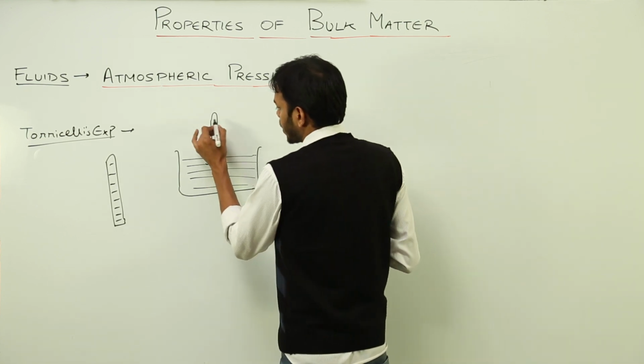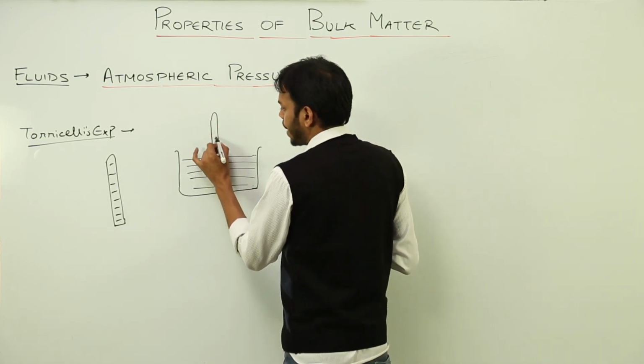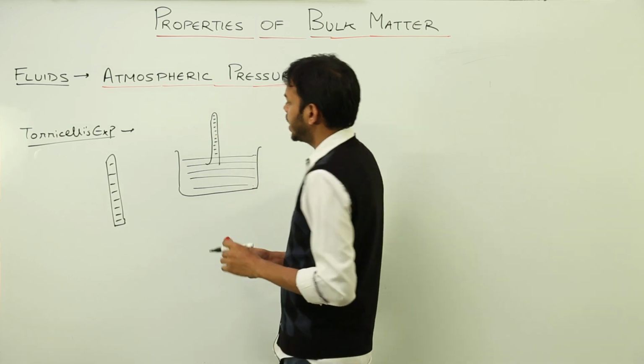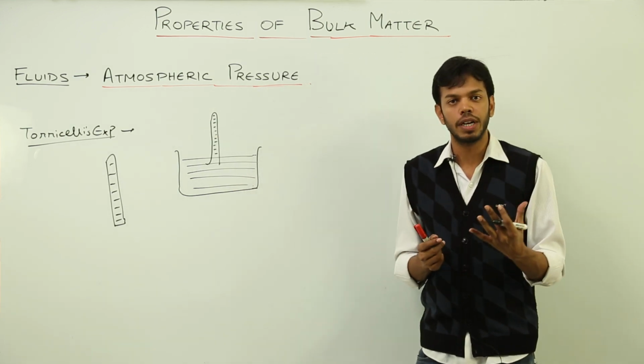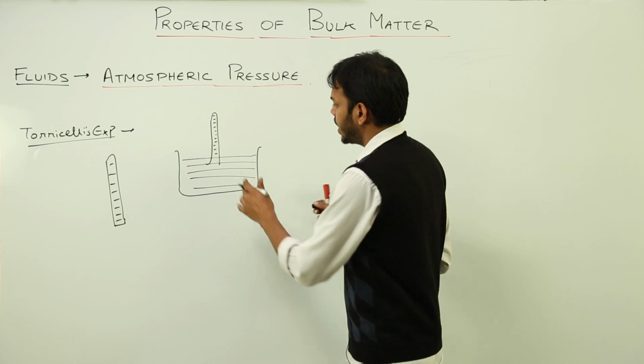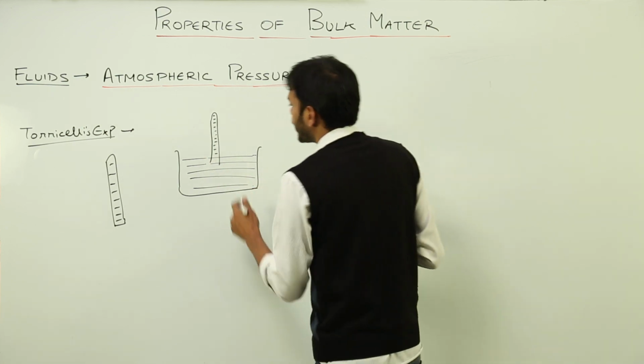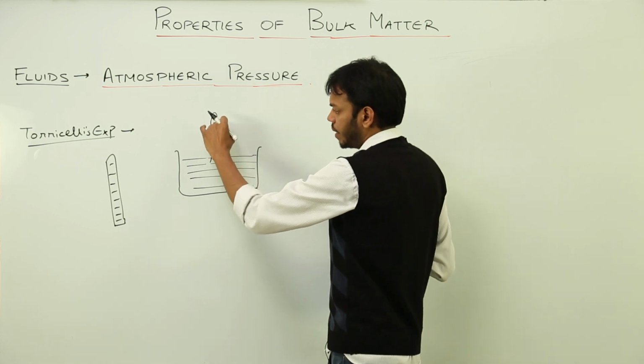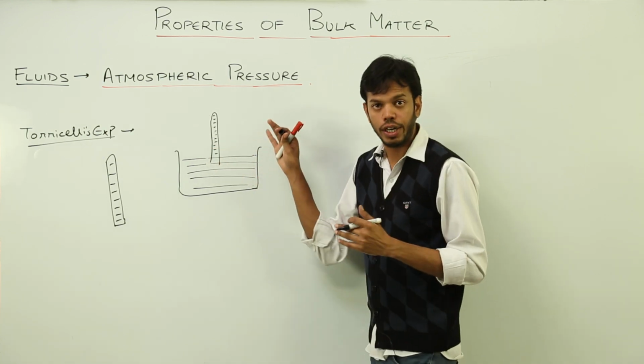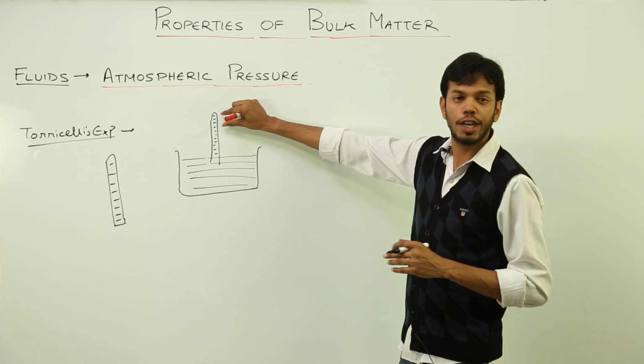Initially it was completely filled with mercury, but when the lower closure was removed, the mercury started falling down, creating a small vacuum inside the tube.